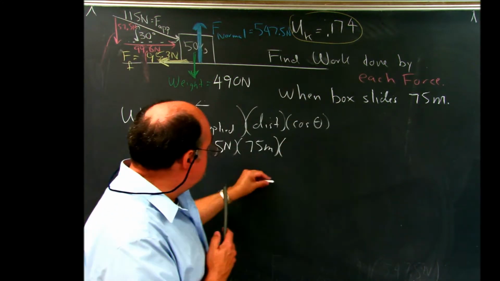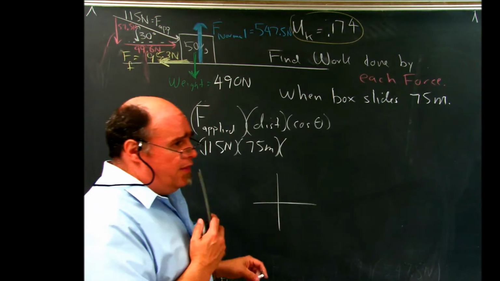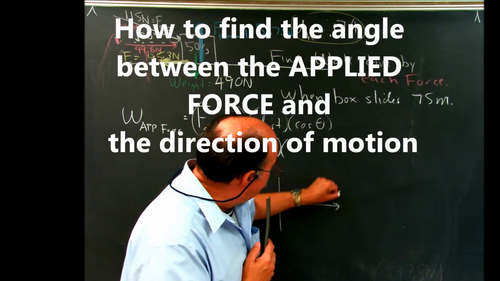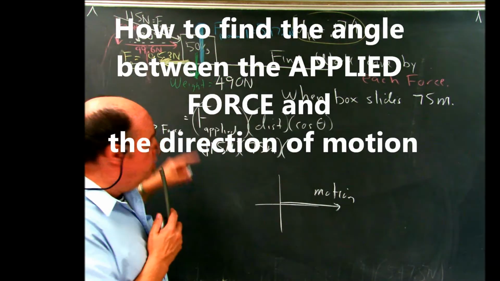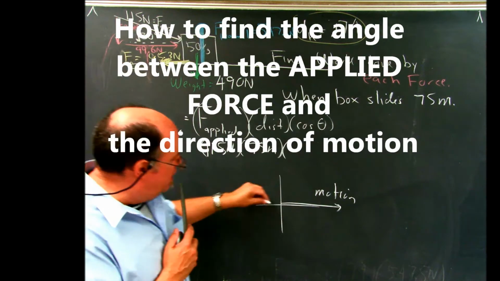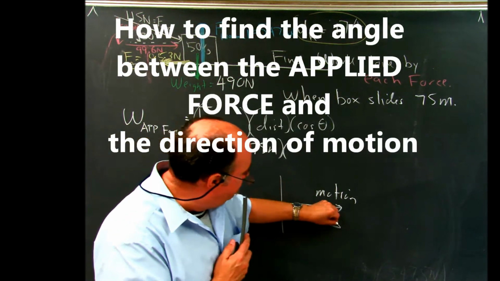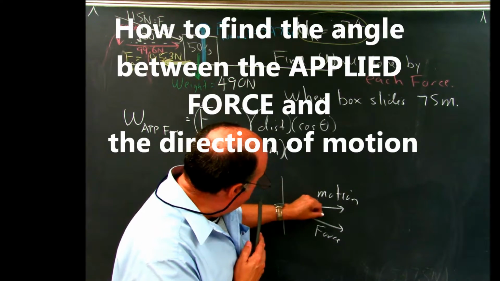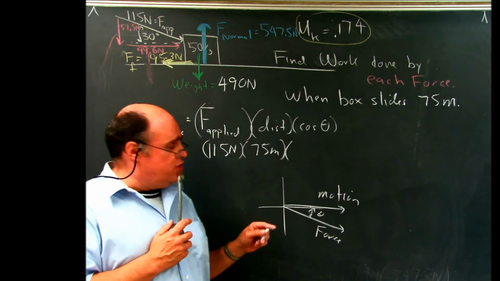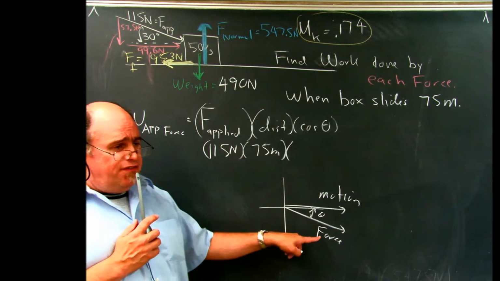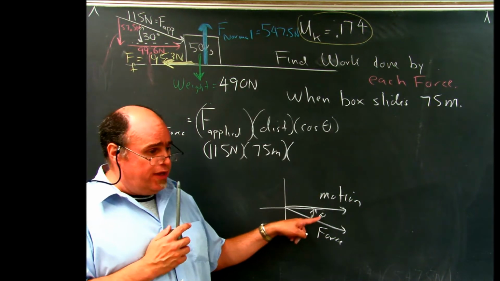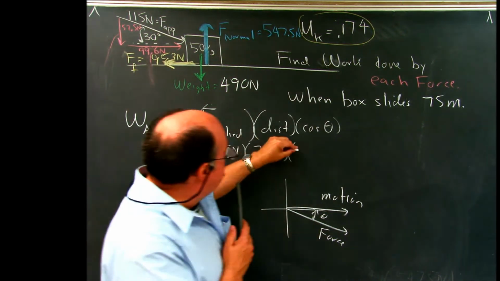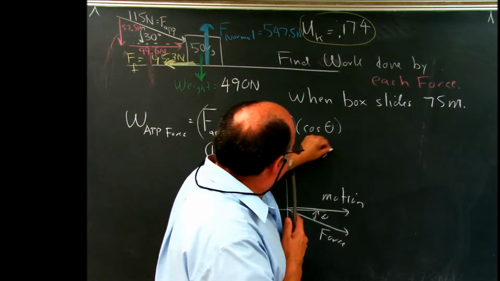If I drew a Cartesian coordinate system quickly, the direction of motion would be going along this way, and the angle would be, in this case, 30 degrees below the horizontal. So I would draw the angle this way. As you can see in this picture, the motion and the force are separated by an angle, and I just wrote here theta, but that theta would be this angle right here, 30 degrees. So I'd put in here the cosine of 30 degrees.